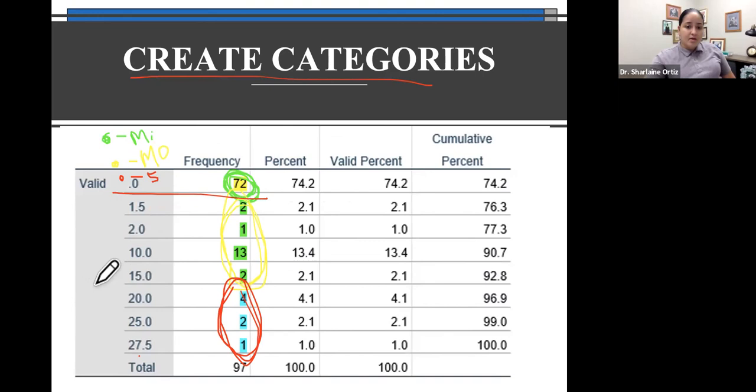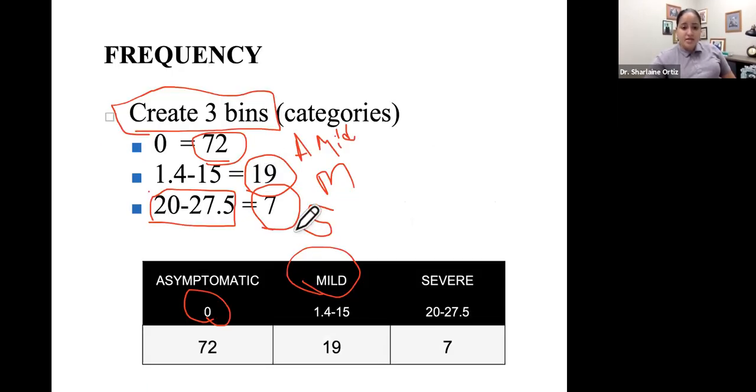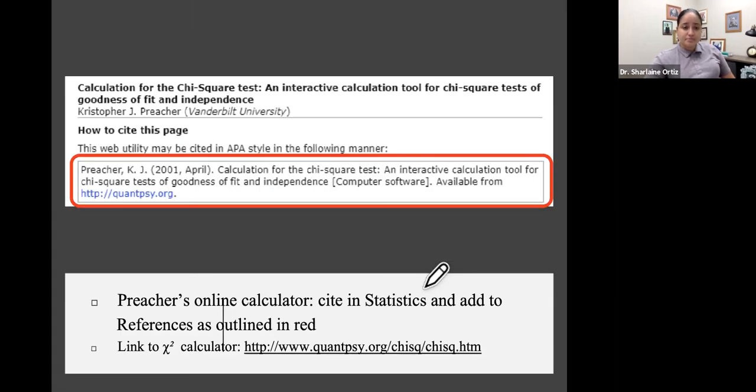So we see that about 72 children were expressing none to mild, and then we start moving into the moderate category. If you remember, that was a total of 19. And then the total on the severe side, in the scores between 20 and 27.5, we had a frequency of 7. So we had a frequency of 72, a frequency of 19, and a frequency of 7, respectively, between asymptomatic, mild, and severe.